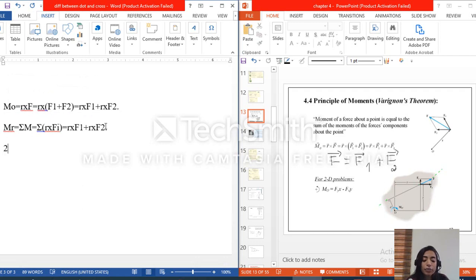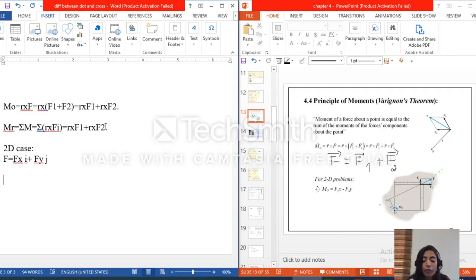Basically, if I have a 2D case, in 2D, I know that any force F in vector form is equal to Fx i plus Fy j, because in fact, if I am in 2D case, then F has two components, one in X and the second one in Y, and they are both in XY plane.